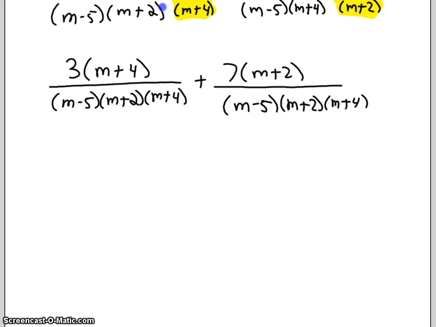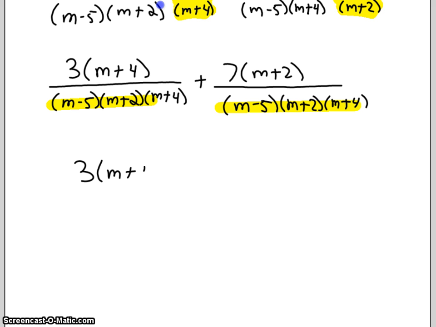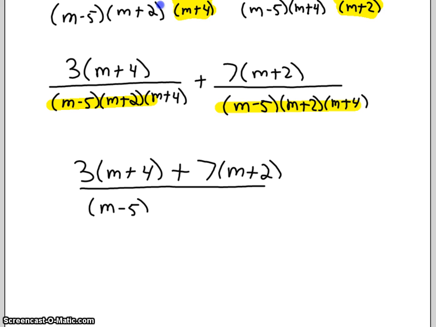So now, since we have the common denominator, we can write this as one fraction, and I'm going to keep these separate for now. See, there's my plus sign. Very important if there's a minus sign in between. Over my denominator.